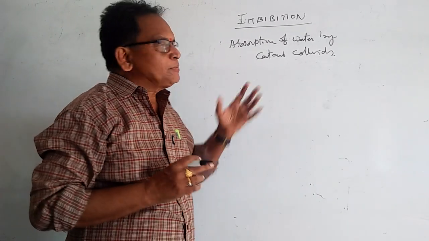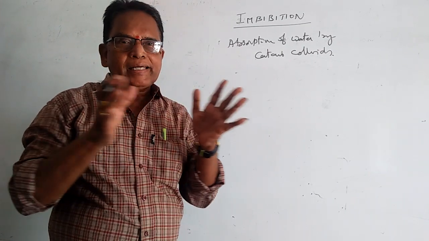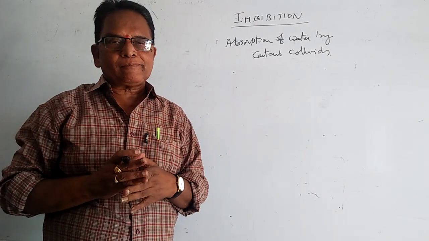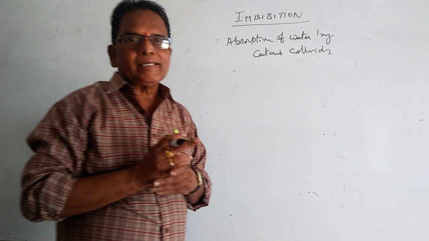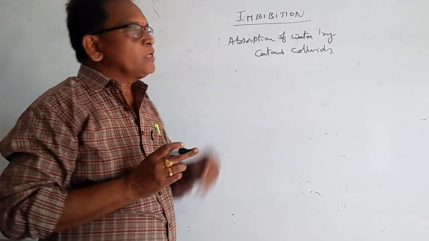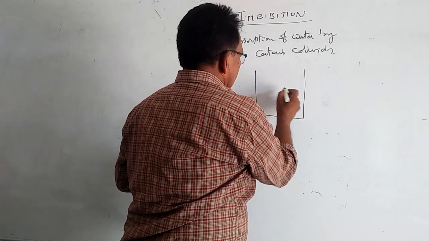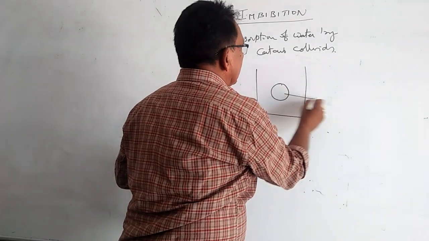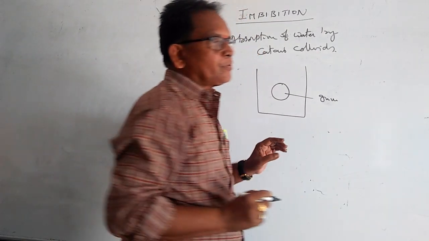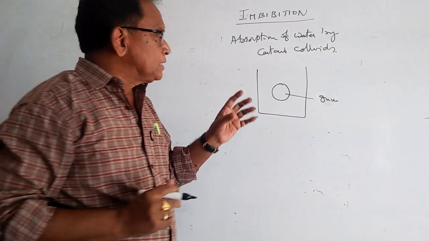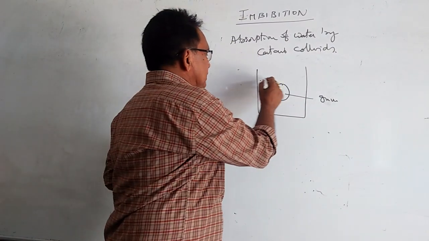As a result of this absorption, there is an increase in the volume of these colloids, and that phenomenon is known as imbibition. Suppose we place a colloid like gum, a crystal of gum, in water.